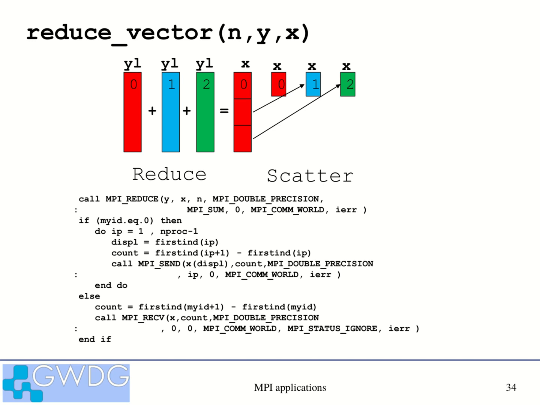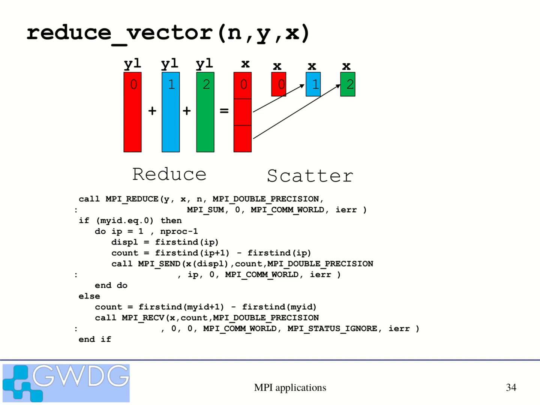I could do this by reducing these result vectors on the root process, process 0, and then send the parts of the total result vector belonging to the different processes.